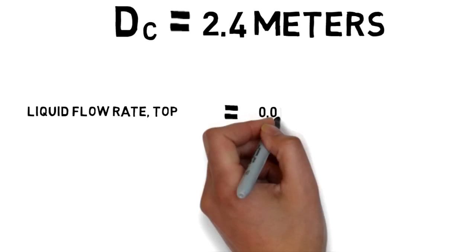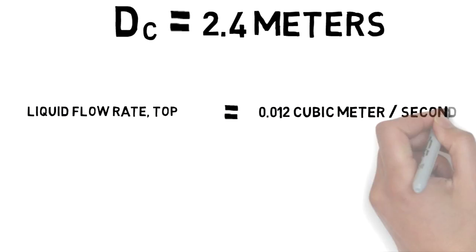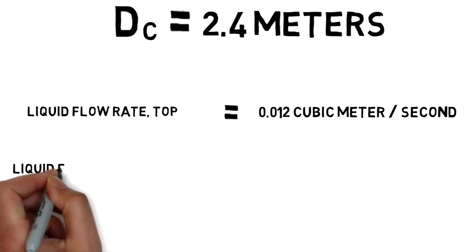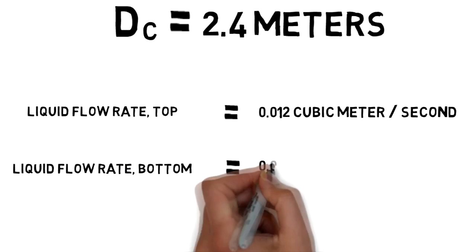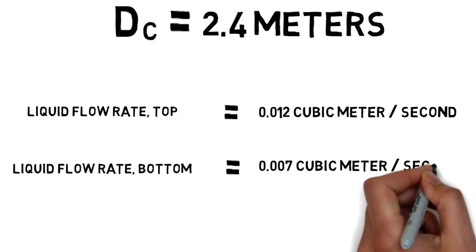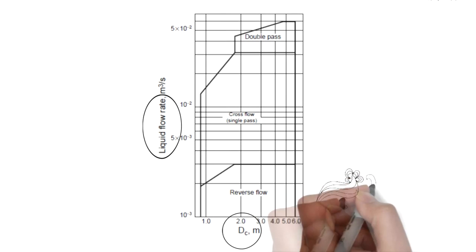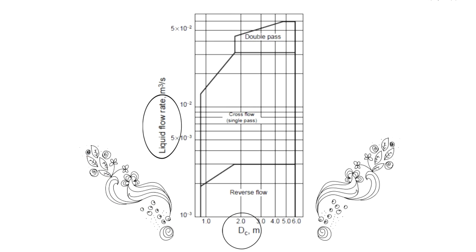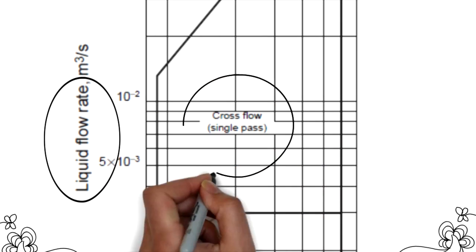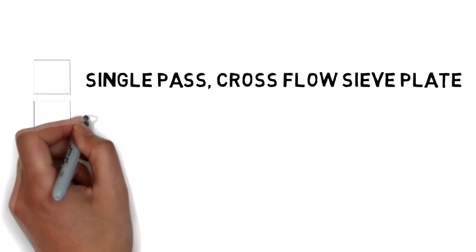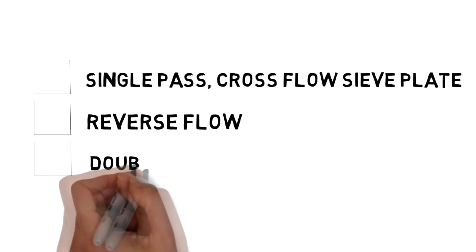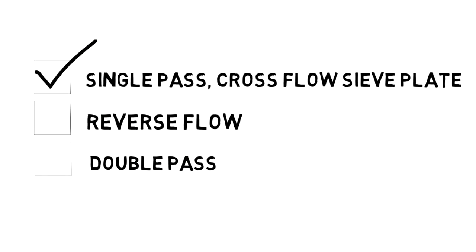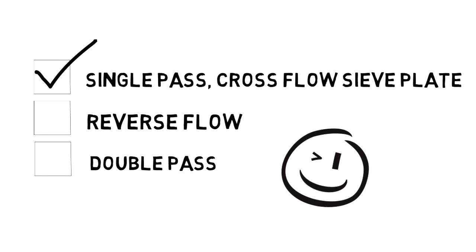The liquid flow rate on top is equal to 0.012 cubic meter per second, while the liquid flow rate on the bottom is equal to 0.007 cubic meter per second. And projecting it on the y-axis, we select the single pass cross flow. So, among this liquid flow arrangement, the single pass cross flow sieve plate is chosen for this service.